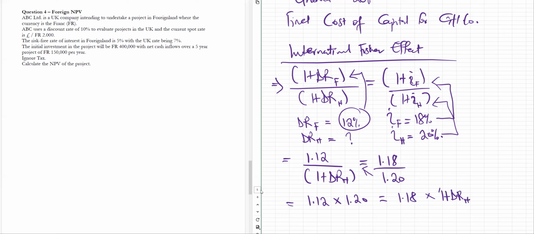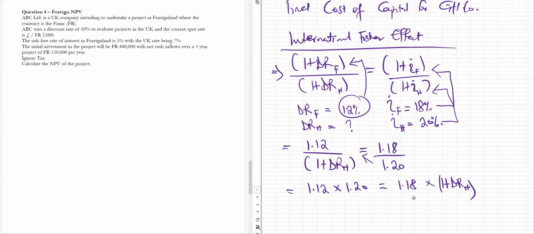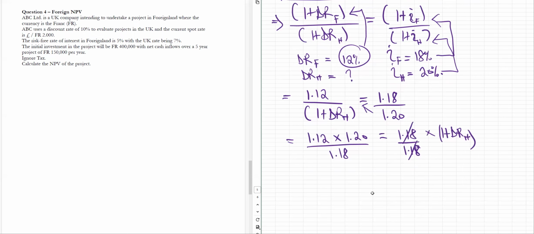Since this is what we have, we must divide both sides by 1.18, so the 1.18 is gone. You end up with 1.12 by 1.2 divided by 1.18, and that gives us 1.1389 equals 1 plus dr for h.